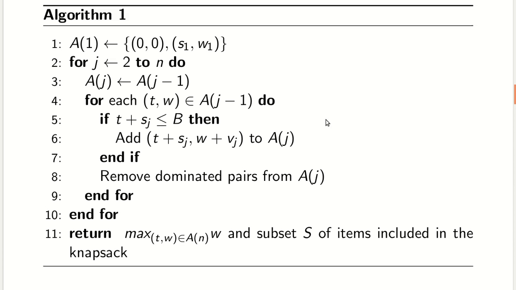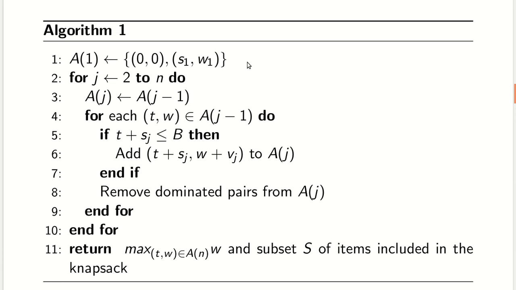So let me give you an explanation of this dynamic programming algorithm. Begin with a list A1. This list has some pairs which have two values.